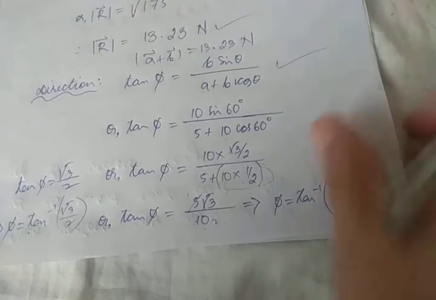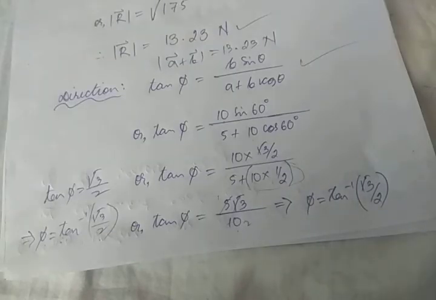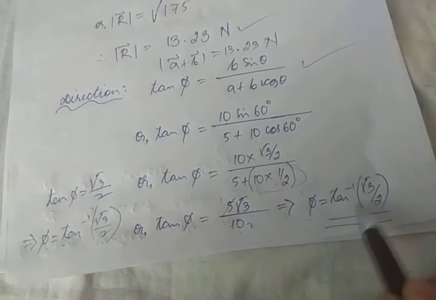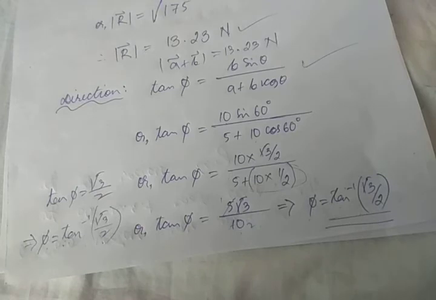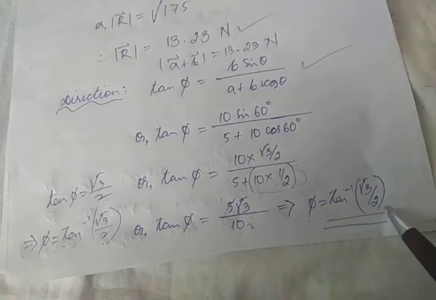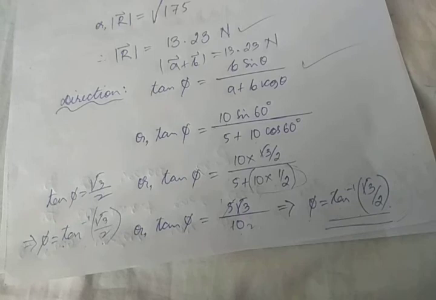Now just in case you don't have a scientific calculator, you can stop over here. Phi is tan inverse of root 3 by 2. If you don't know how to calculate this, you stop over here.